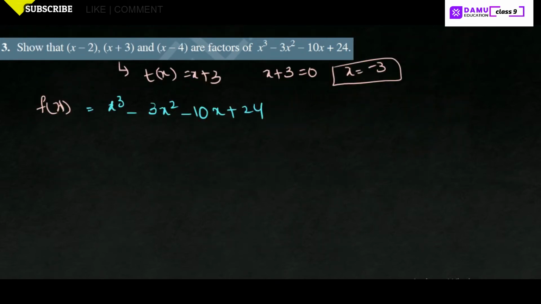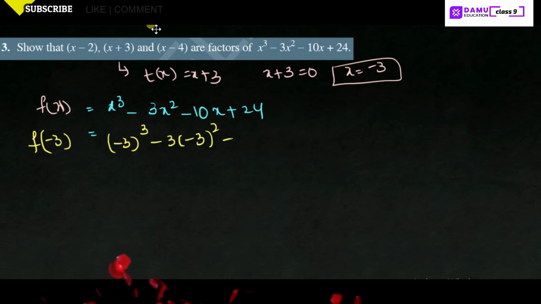Let's substitute the values. f of minus 3 is minus 3 whole cube minus 3 into minus 3 whole square minus 10 into minus 3 plus 24.